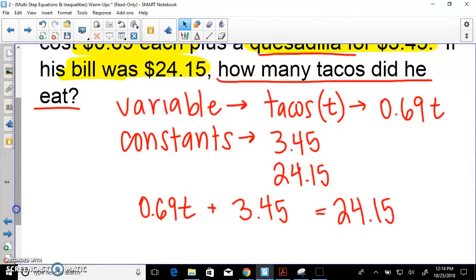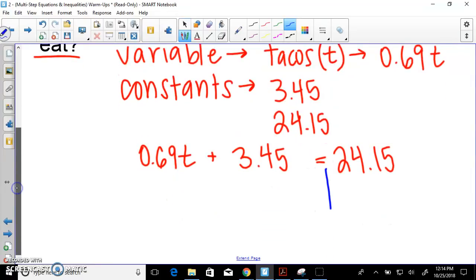So we're going to solve for T. So we're just setting up our two-step equation. Subtract $3.45 on both sides.